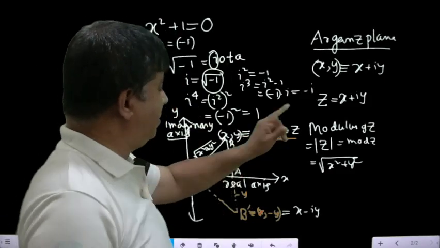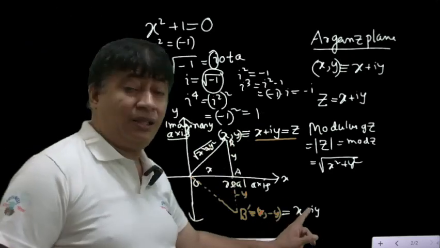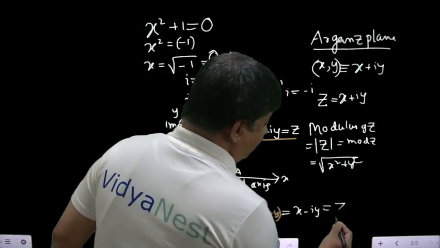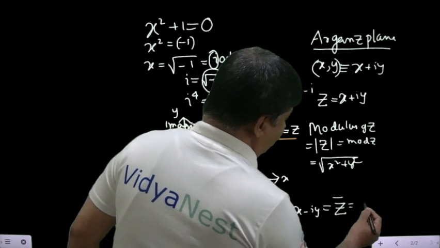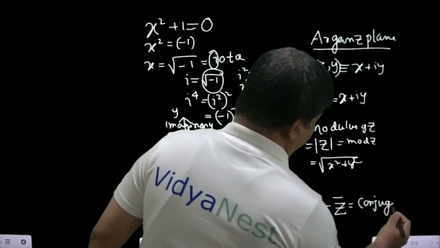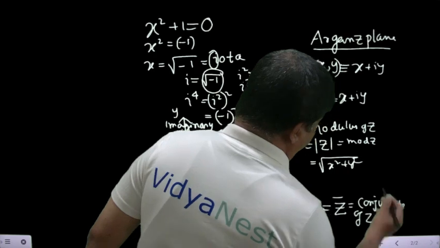x plus iy is a point in complex plane. So its conjugate is x minus iy. And that will be denoted by z bar. It is called conjugate of z.